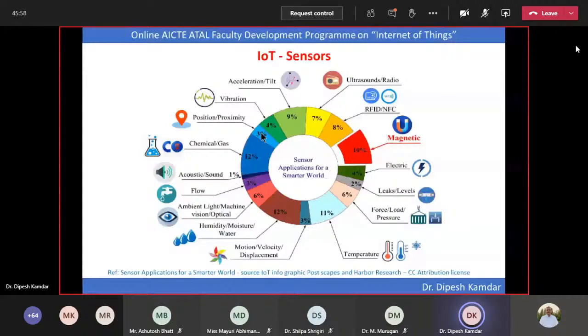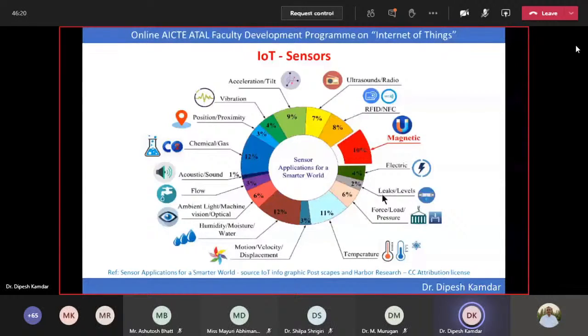I'm starting with temperature: 11 percent of the IoT applications are based on temperature sensors, then force and load sensors 6%. Leak or level value sensors are only 2 percent, electric sensors 4 percent, magnetic sensors 10 percent.